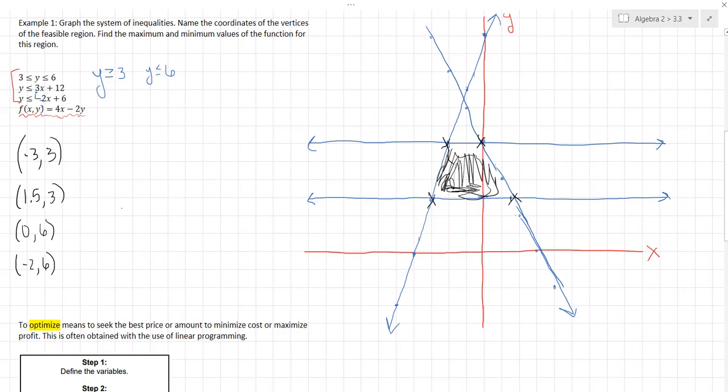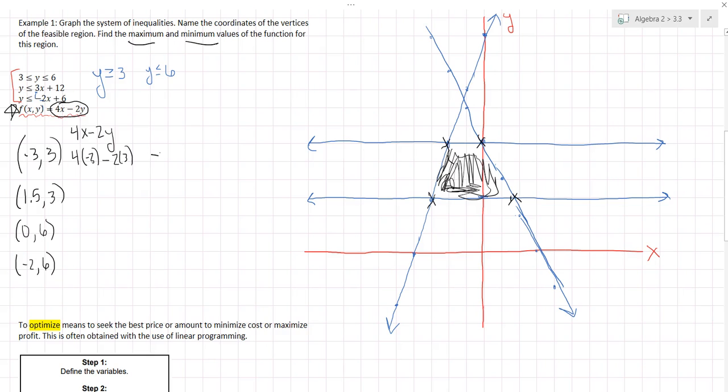So now that we have our 4 vertices, we have to find the maximum and minimum values. So again, we're substituting them in for the x and the y in this function, 4x minus 2y. So we just substitute those in, negative 3 for x, 3 for y. 4 times negative 3 is negative 12, minus 2 times 3, which is 6.